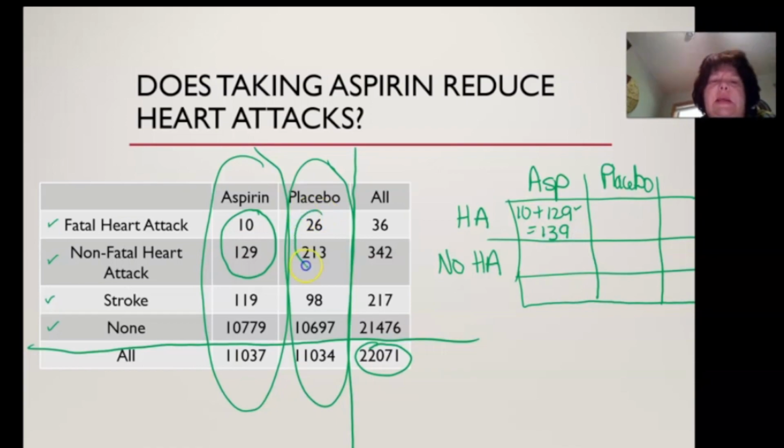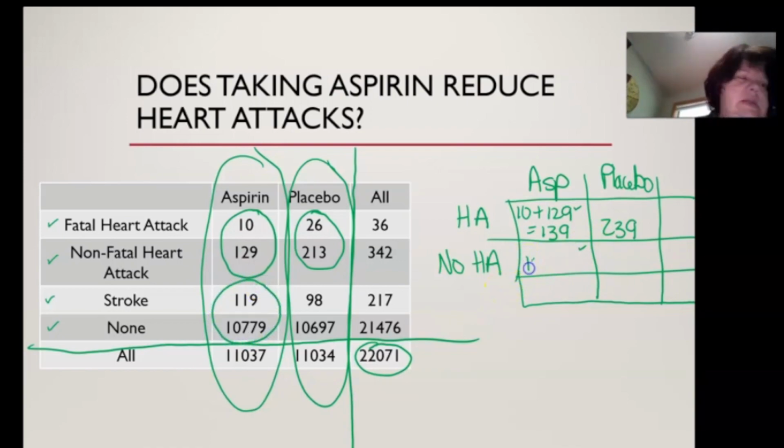Heart attack and placebo is 26 plus 213, which is 239. No heart attack and aspirin is all of these, and that ends up to be 10898. And then all the people placebo and no heart attack, 10795.